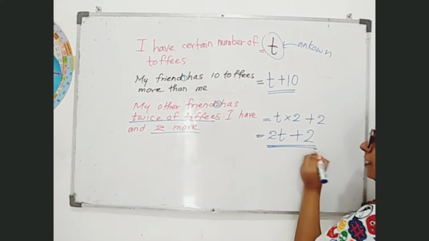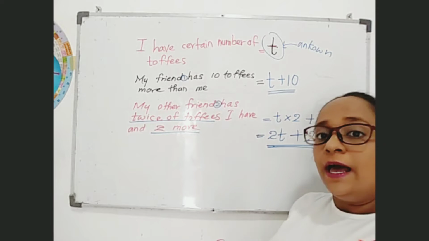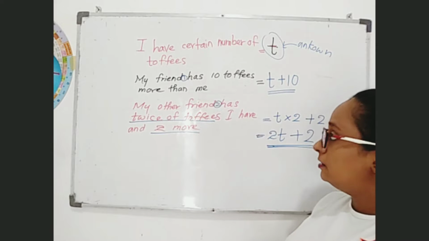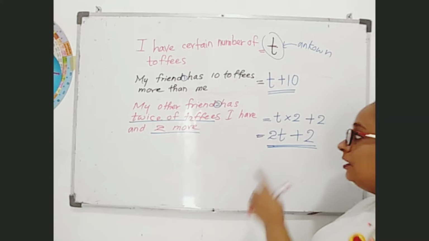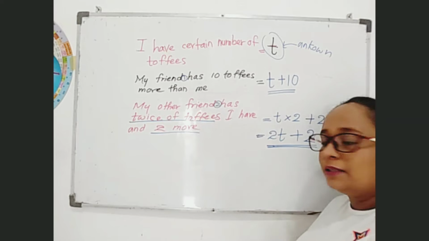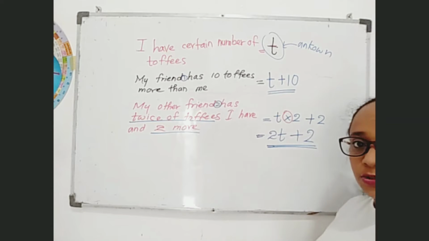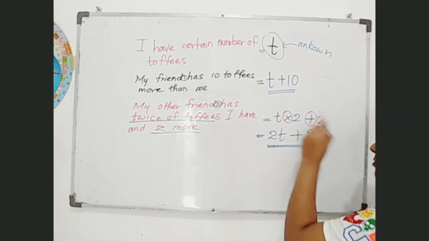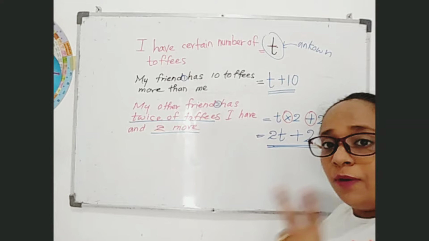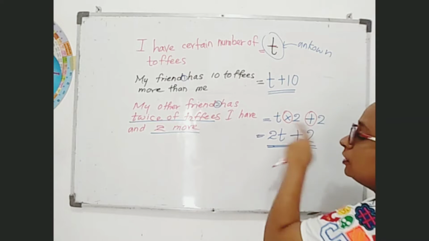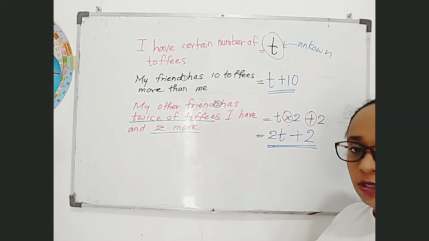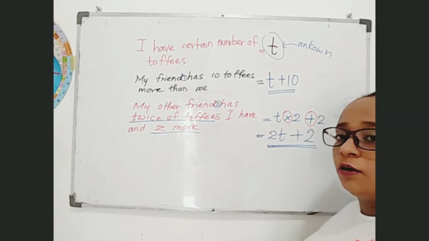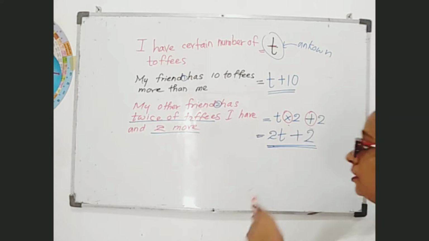This is another algebraic expression that we can create. Not only using addition or subtraction, here we have used another mathematical operation, that is multiplication. So in this algebraic expression, we have 2 mathematical operations, one is multiplication, one is addition. So we get a different kind of algebraic expression, that is 2T plus 2.